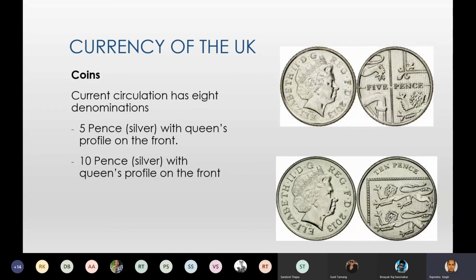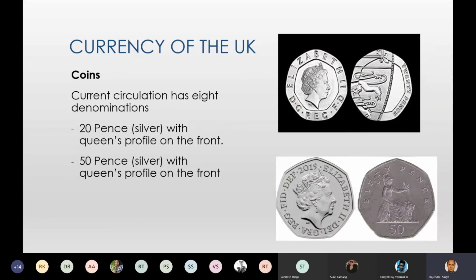You can see the pictures of the coins on the screen. The front side looks similar, but the back side tells you the amount. It says 5 pence, 10 pence, and there are different pictures also.